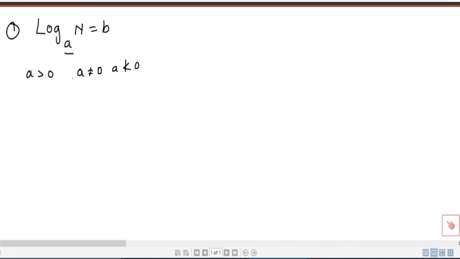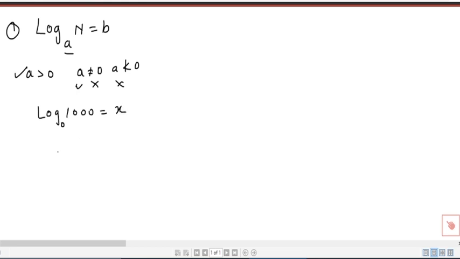So why am I saying this? Only this thing is true, this thing cannot happen, this thing cannot happen. Let's see why. First we are going to talk about this point. If we take a equal to 0, then what will happen? Log base 0 of some number, let's say I am taking 1000 here, and I want to know the power.